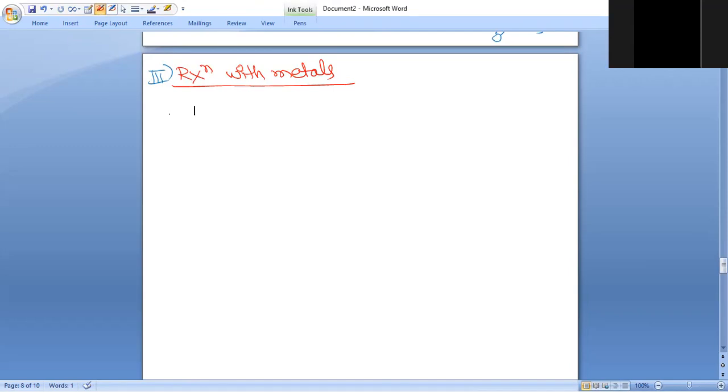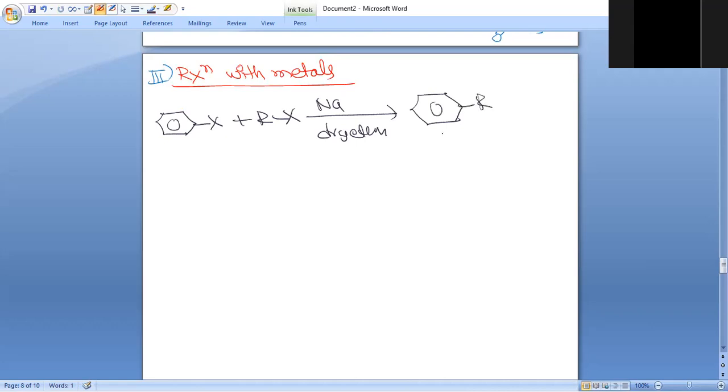Suppose you are using an aryl halide plus an alkyl halide and sodium in dry ether. Now you will get the alkyl benzene. This reaction is called the Wurtz-Fittig reaction.